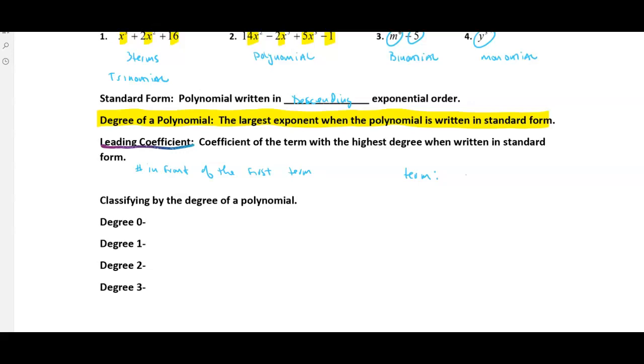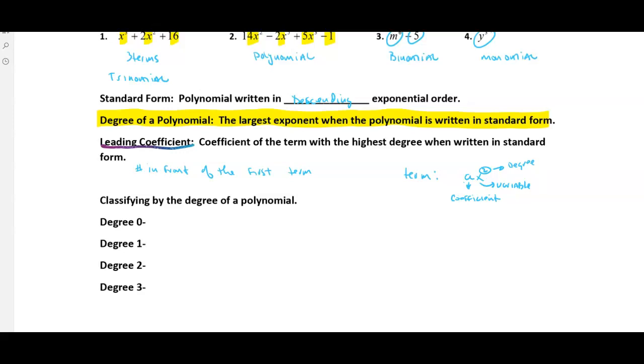Now remember, when we talk about these terms, if I look at something like ax squared, a would be the number in front of the variable expression. So this would be called the coefficient. x is the variable, and the highest exponent or any exponent is considered the degree of the term.